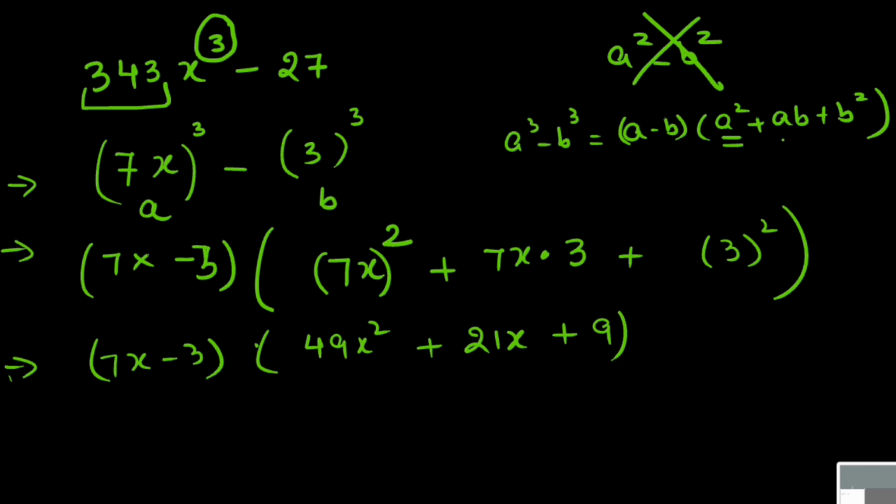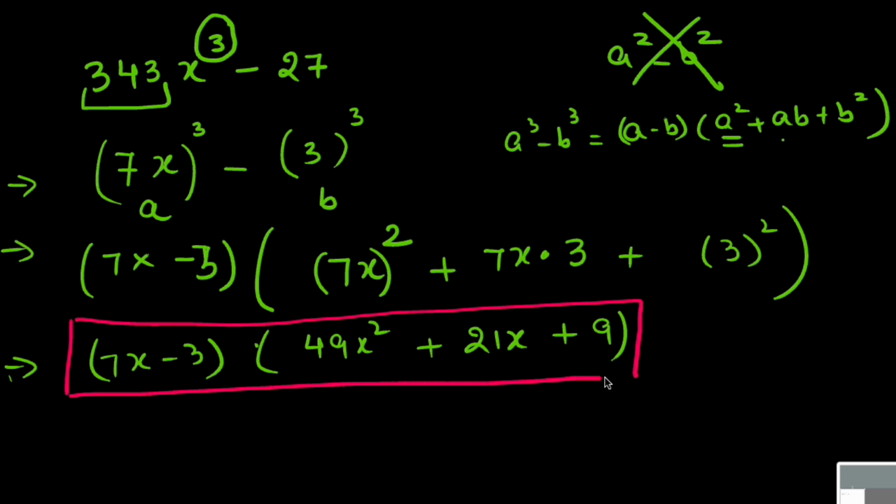And now at this point, because this looks like a trinomial, a quadratic trinomial, a lot of times I have seen students getting confused. Do I need to factorize the second term again? You don't have to. This is the factorized form, and that's why we have this formula. So this would be your answer.